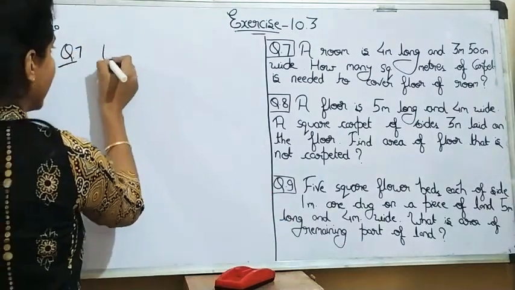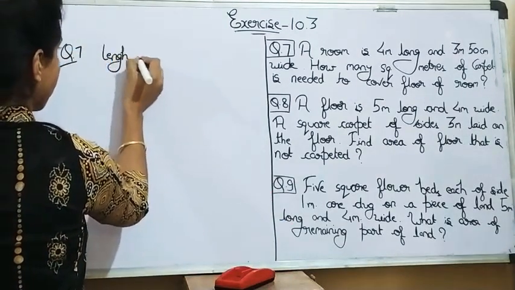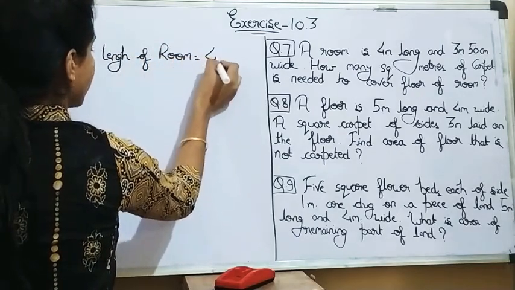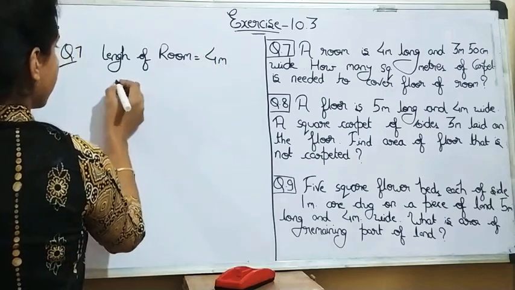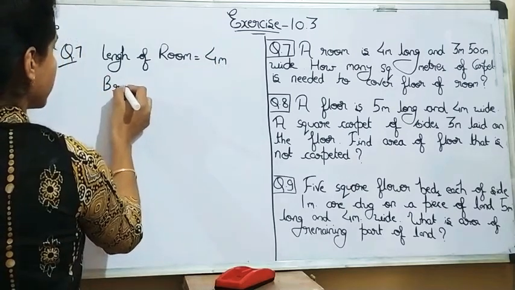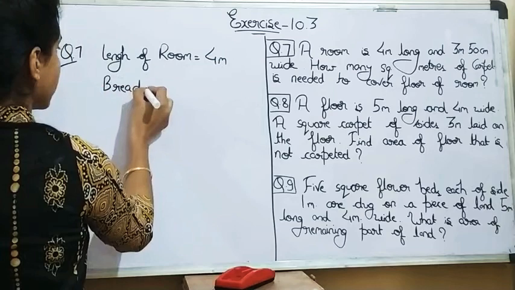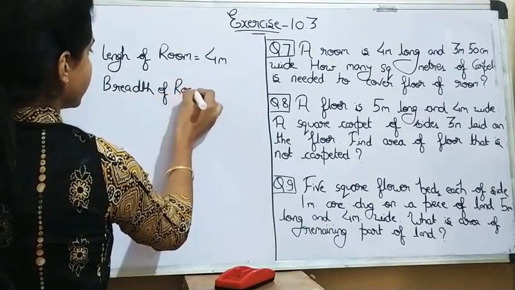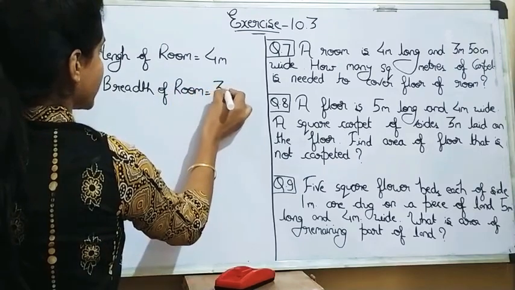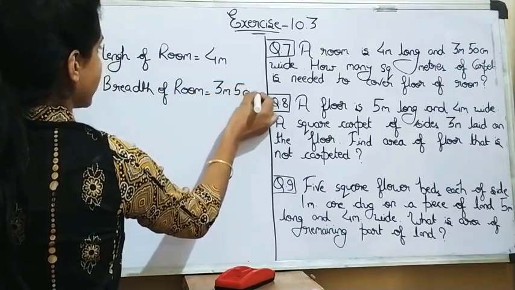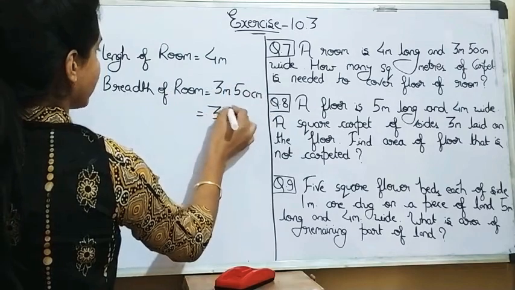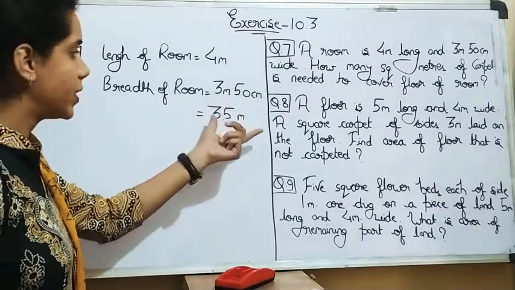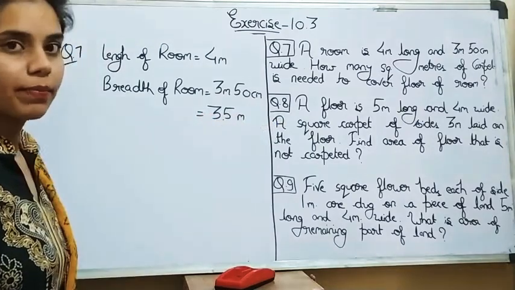First of all, we will find out the area. Length of room is 4 meter. Breadth of room, wide means breadth, equals 3 meter 50 centimeter. Now 50 centimeter will be converted into meter, so this will be 3.5 meter.